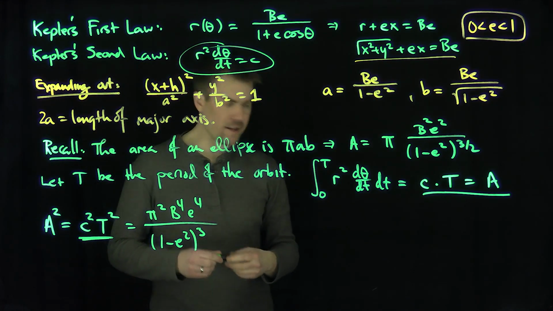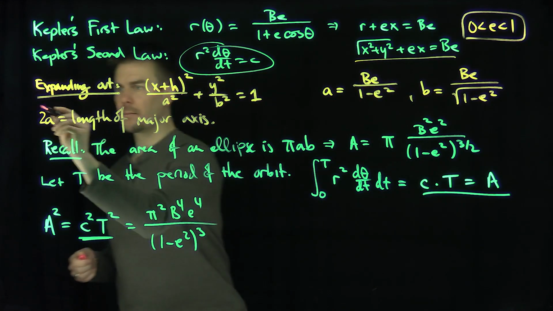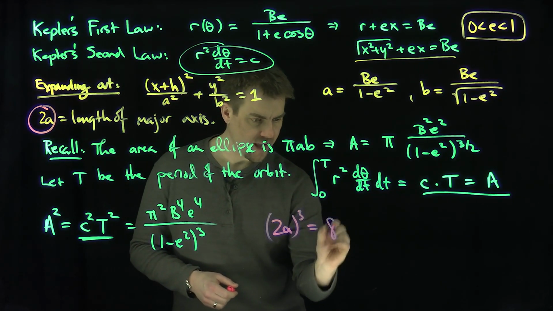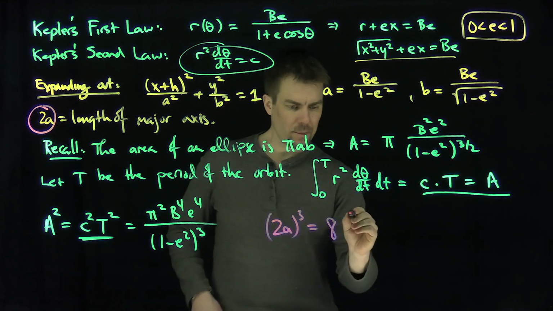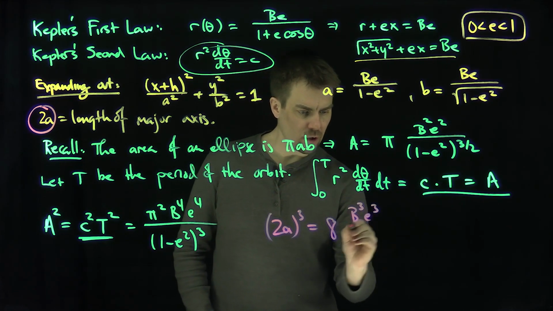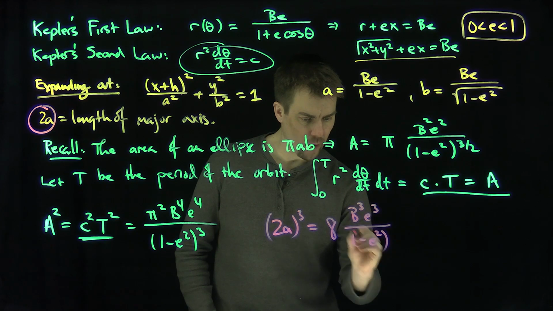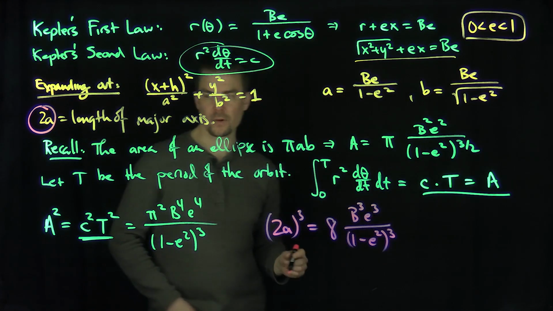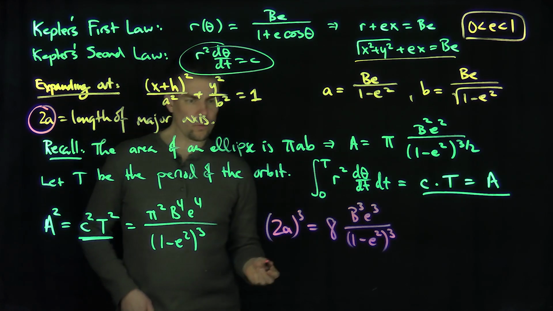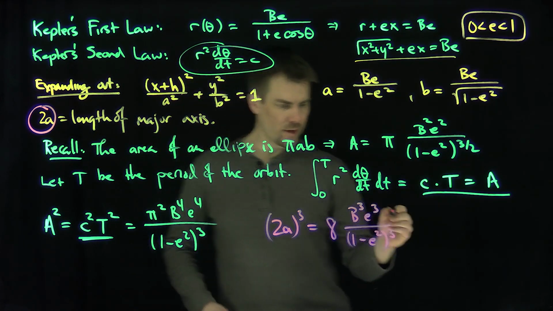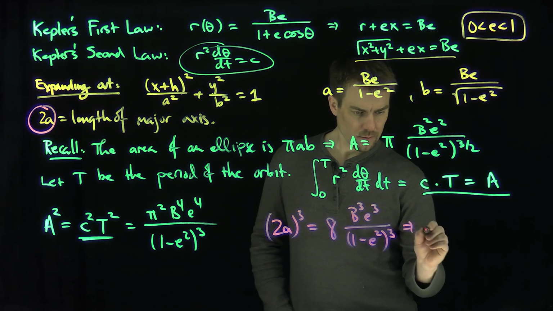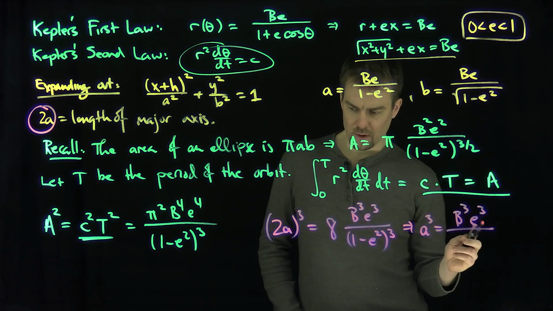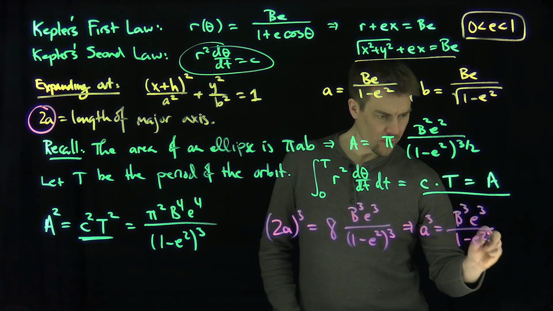Now if I look at 2a and I cube it, 2a cubed is 8a cubed, and a cubed is b cubed e cubed over 1 minus e squared cubed.